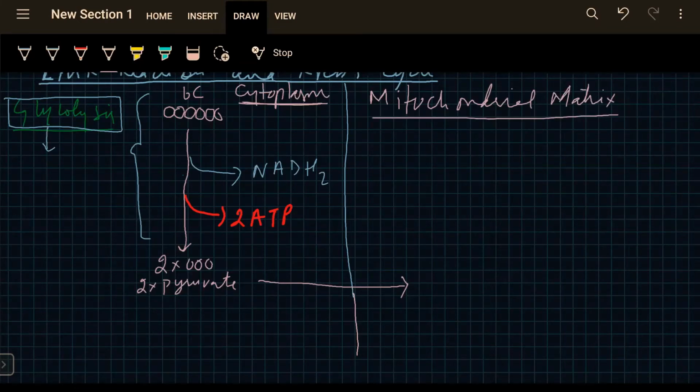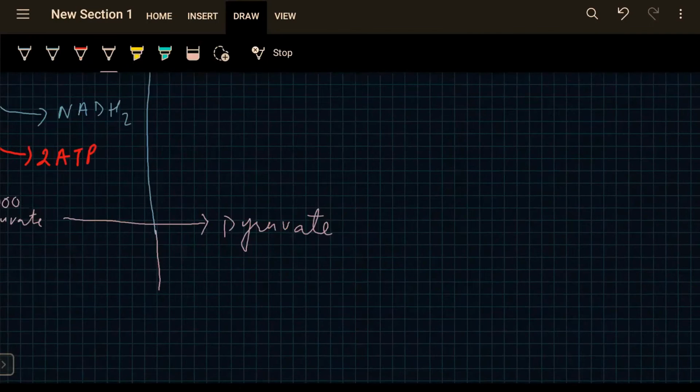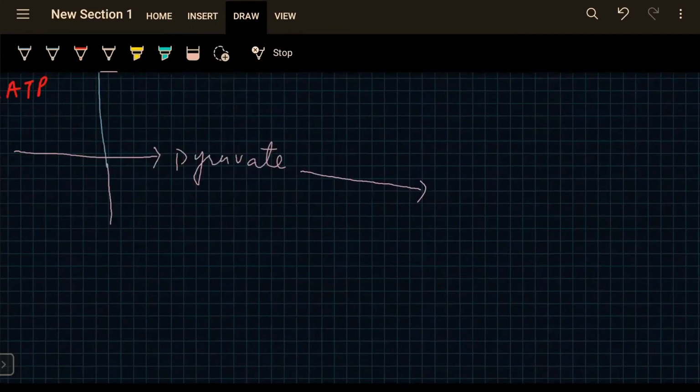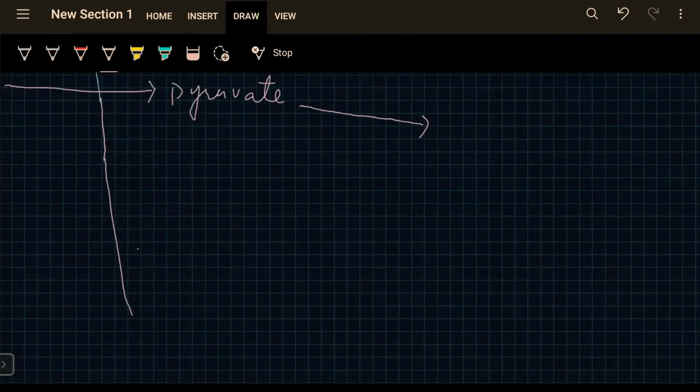In the mitochondrial matrix, this pyruvate is decarboxylated and dehydrogenated. We need to know what decarboxylation means.